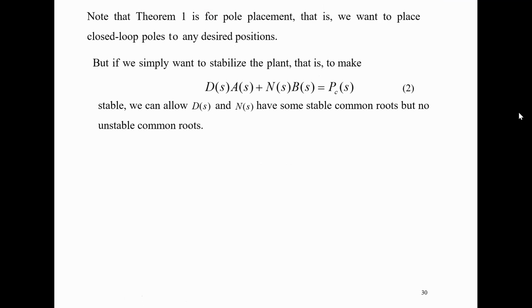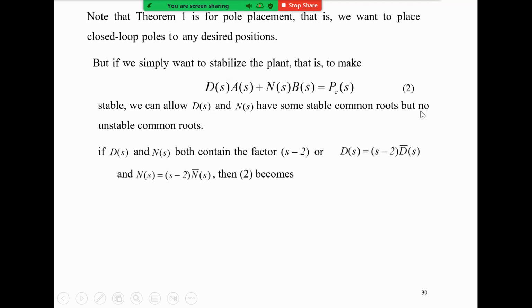But if the purpose of the controller is not to place all the poles, you just try to make it stable, then as long as those common factors are stable, it will be okay. So here we can allow D and N to have some stable common factors, but we don't allow them to have unstable common factors.